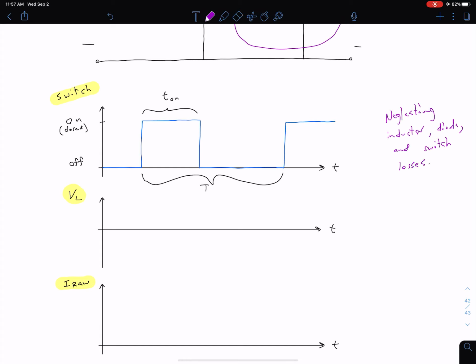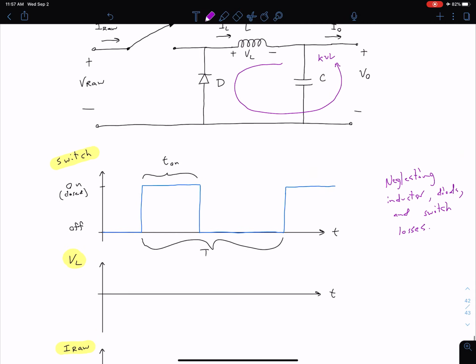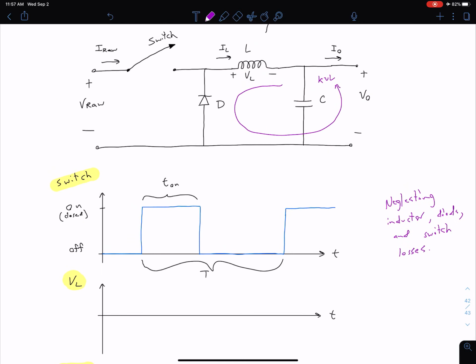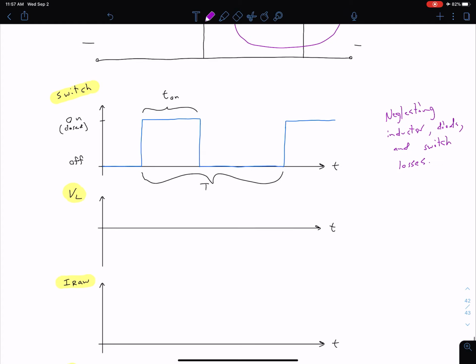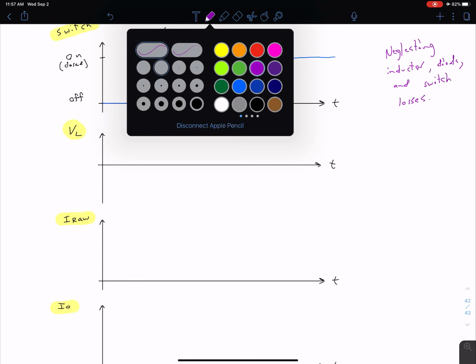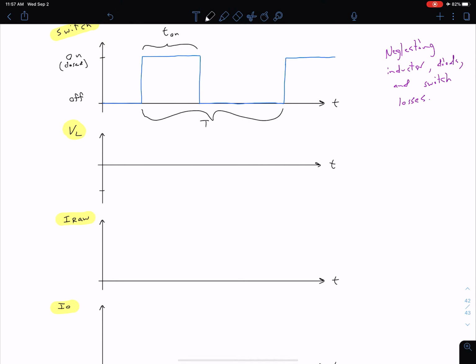For our diode, that means we don't have any voltage drop across it. It's just off. It's not allowing current to flow downward, and it allows current to flow upward with essentially no resistance. With that being said, for this open switch case, our inductor voltage is just going to be equal to negative output voltage. So we're going to have one value down here that's negative V out.